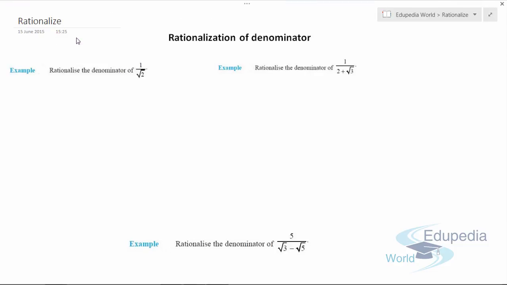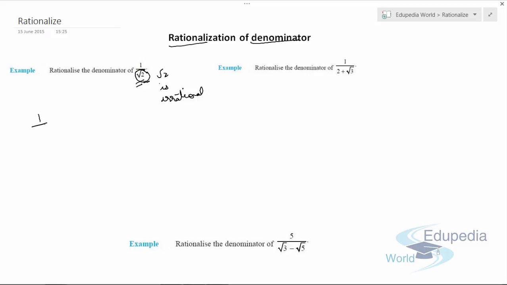Now the number over here is 1/√2, and we can clearly see that this √2 part is irrational. So rationalization of the denominator means we have to convert this into a rational number, means we have to rationalize the denominator. So how can we do it? Watch carefully.